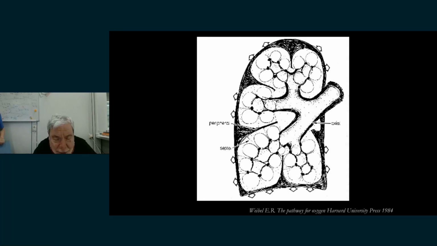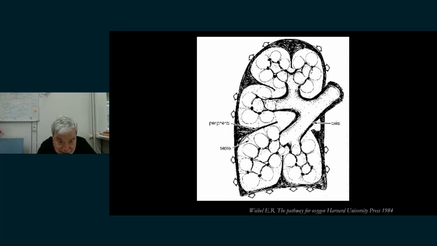Now, let's start with my idea about spontaneous breathing and how to monitor the situation. This is an old slide from Professor Weibel. Most of you probably do not know who Weibel was.